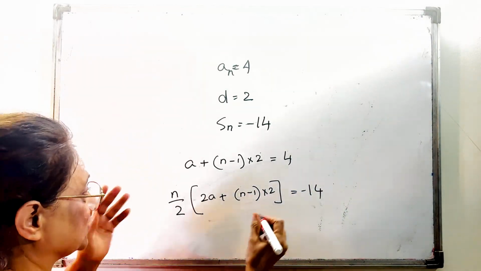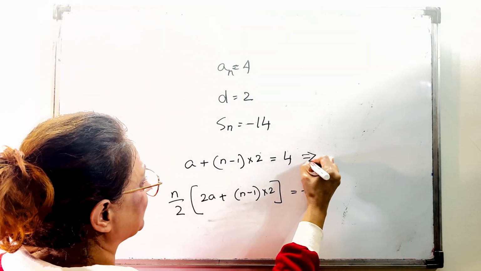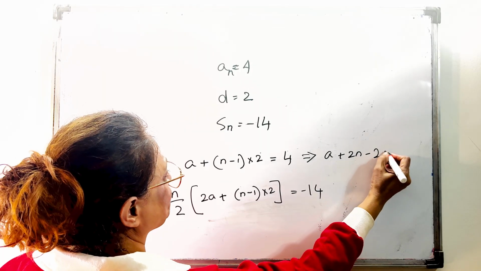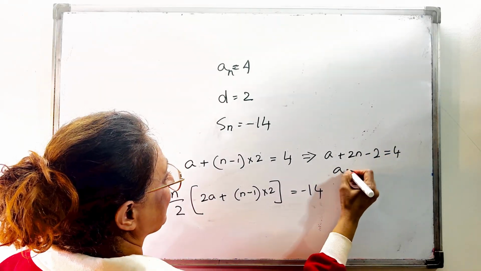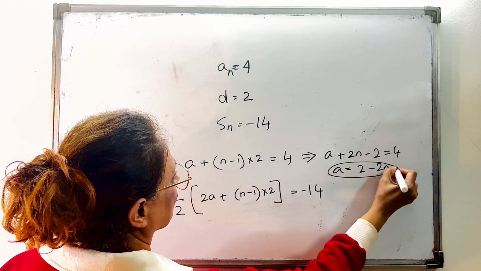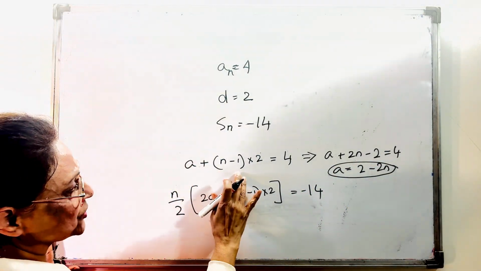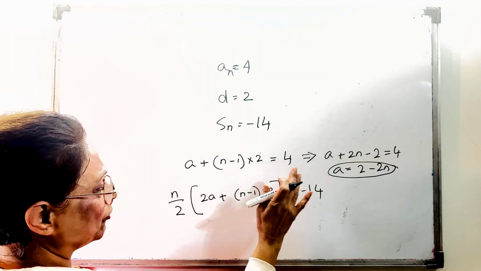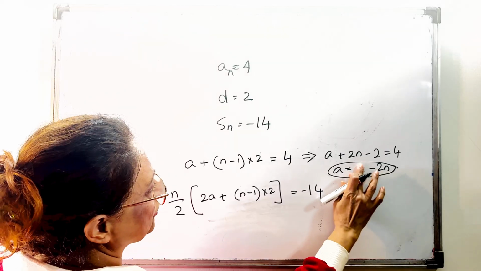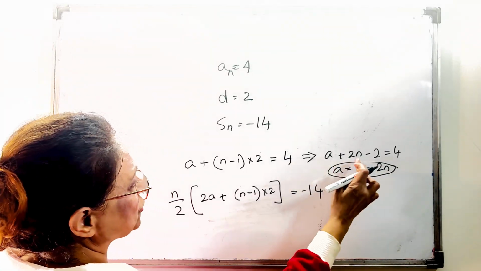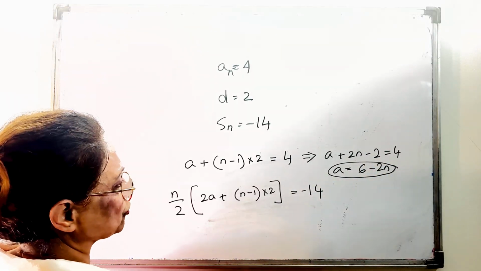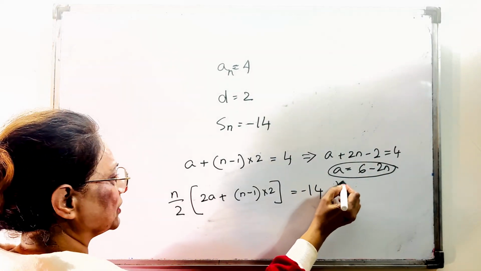So how do we solve this? Here, what we do, this implies a plus 2n minus 2 is equal to 4. A becomes 6 minus 2n, right? Substitute this over here.